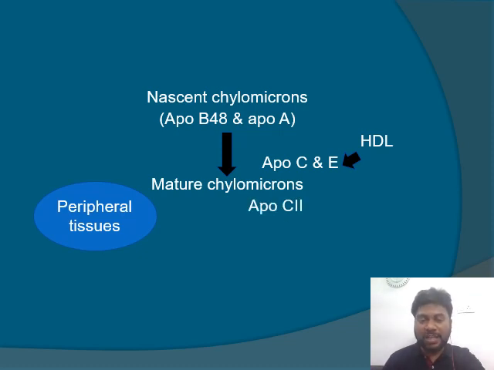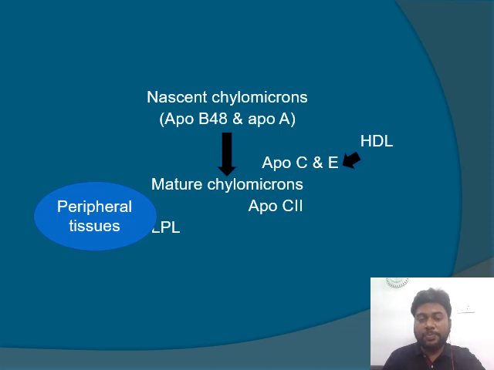There, ApoC2, which is present on the surface of chylomicrons, will activate the lipoprotein lipase enzyme, which is present on the capillaries on the surface of the peripheral tissues. Once this LPL is activated, as the name says, lipoprotein lipase will hydrolyze the triglycerides present in the chylomicron, and the tissues will take up the fatty acids.